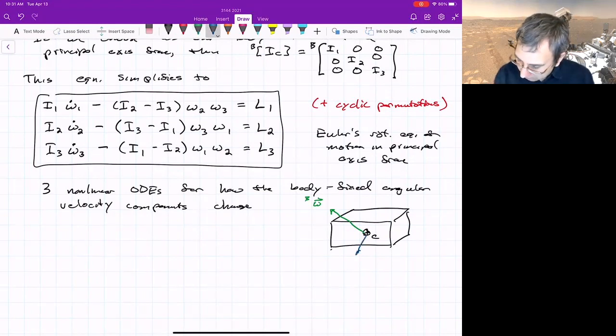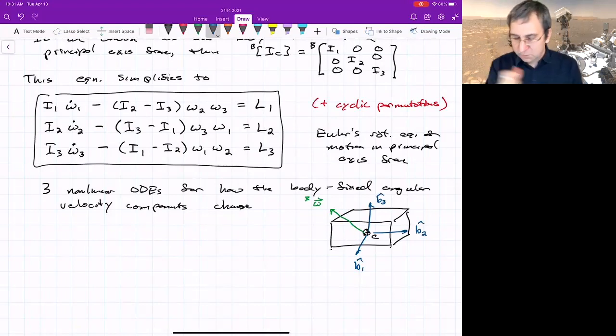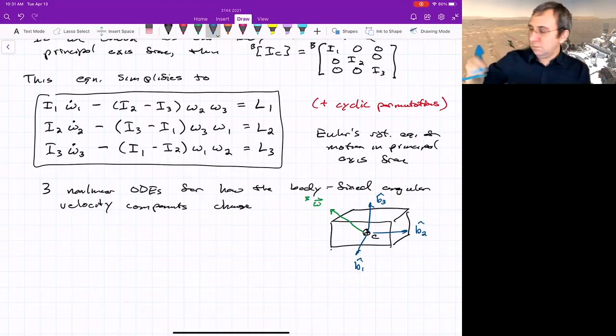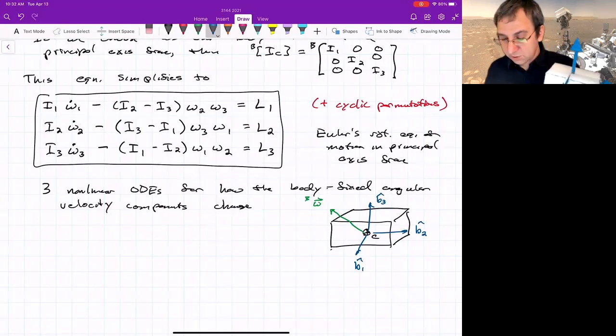If this is a box, then we choose our frames B1, B2, and B3 to be normal to the different faces of the box, like this. This is a principal axis frame for this box shape. Then this equation, the most simplified version of Euler's rotational equation of motion, describes how those components change.